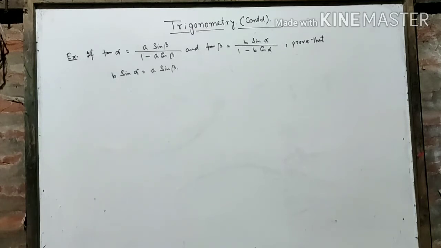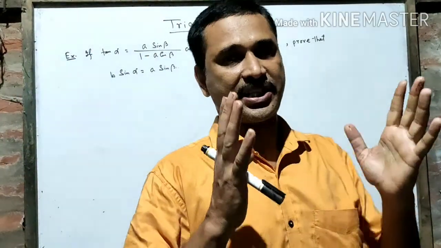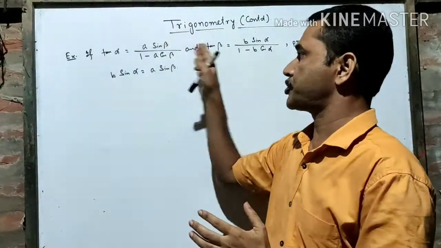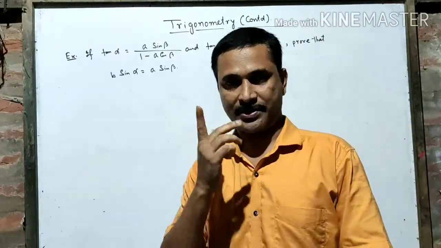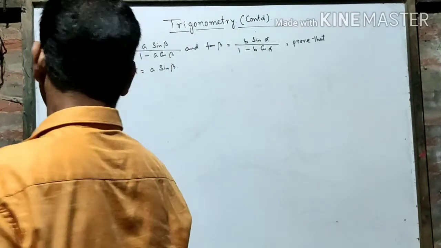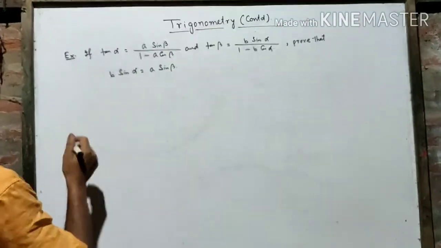But in the proof that part, whatever we have to prove contains both a and b. It's a clear sign that we have to combine these two results somehow. At some point we have to combine the results. Okay. So let us see what does this given things tell us. Okay, let's start.